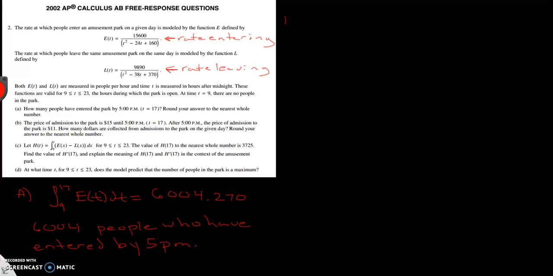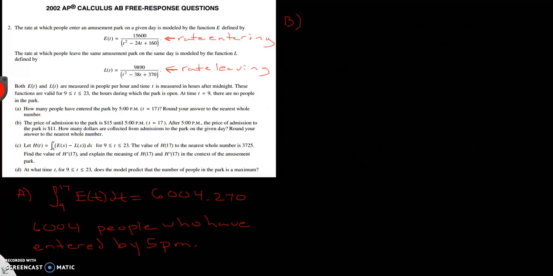Okay, part B. The price of admission to the park is $15 until 5 o'clock. That's cheap. And after 5 o'clock, the price of admission is $11. How many dollars are collected from admissions to the park on a given day? Round your answer to the nearest whole number.